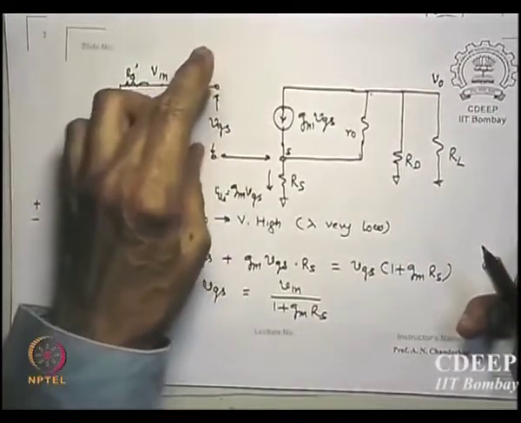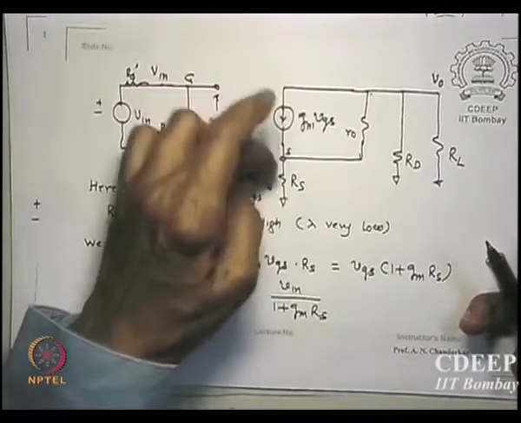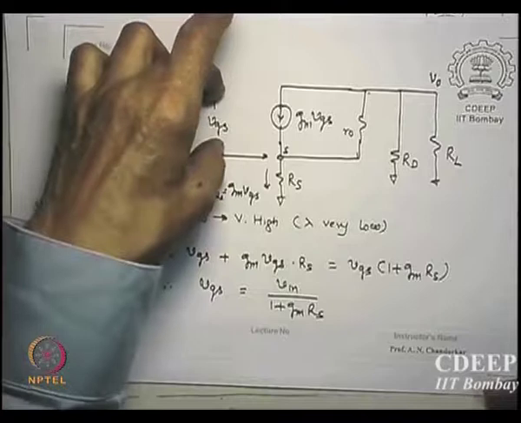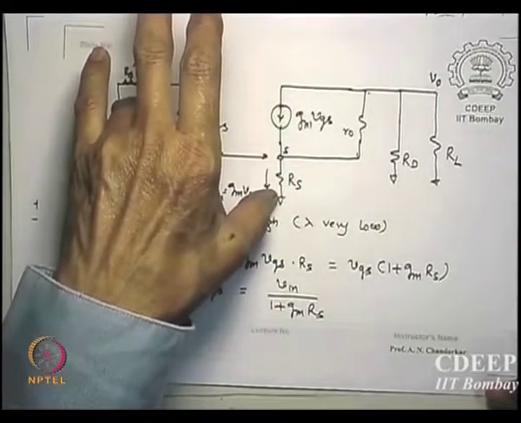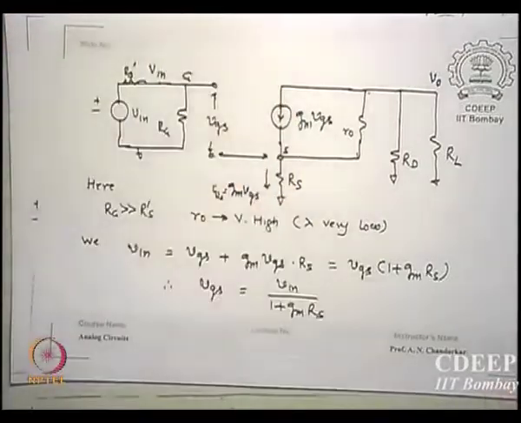How much is VGS? I will find out. So VGS plus gm times VGS times RS is equal to Vin. I repeat, this voltage plus this voltage is the voltage from ground to this point, like a divider.